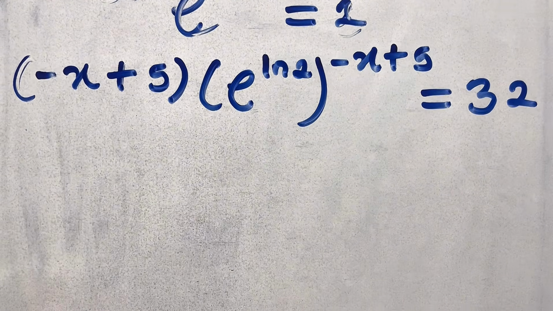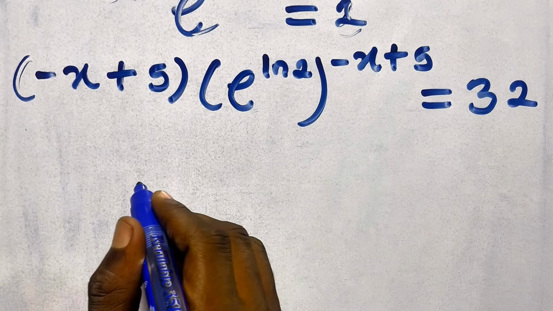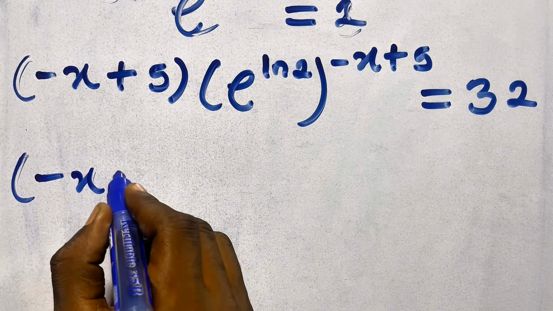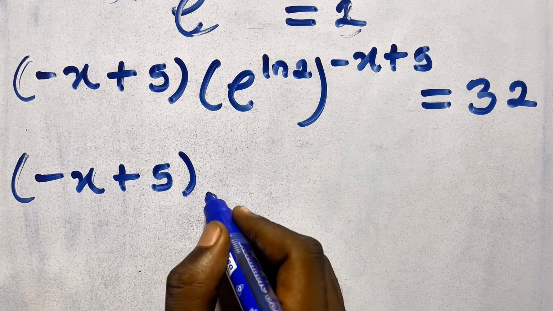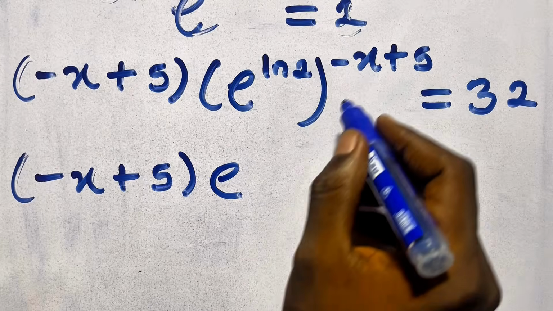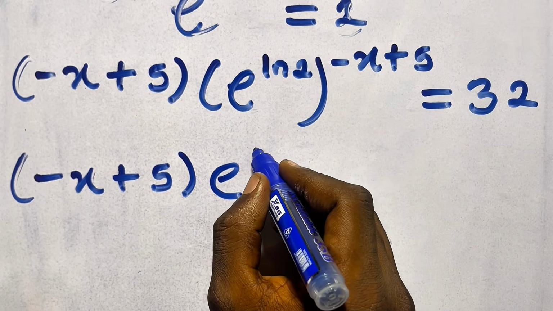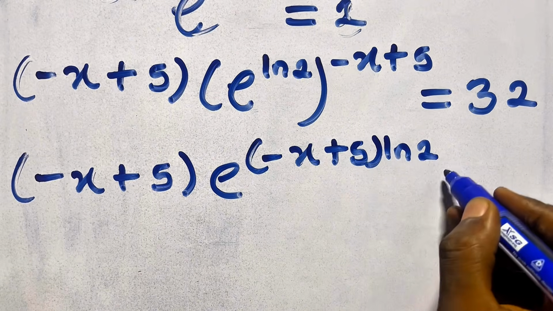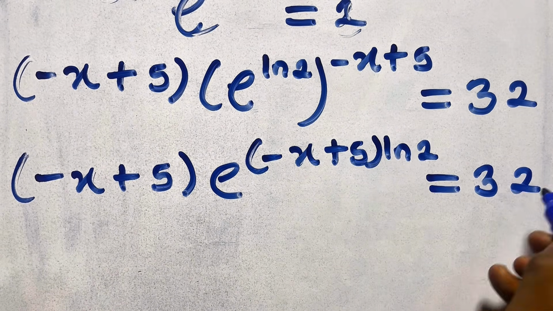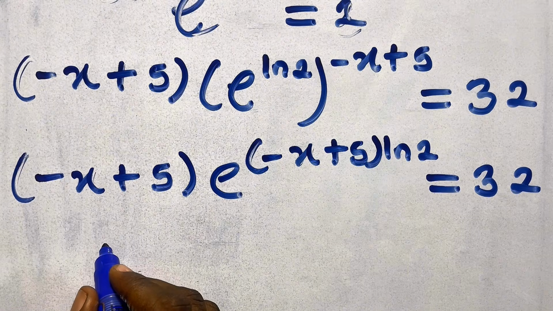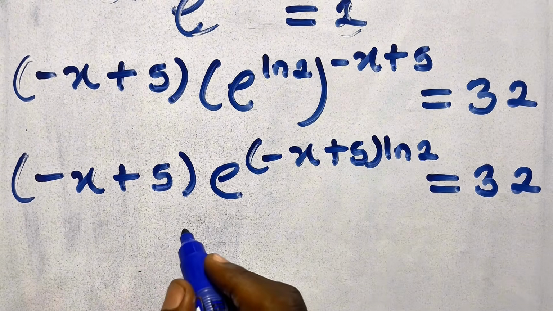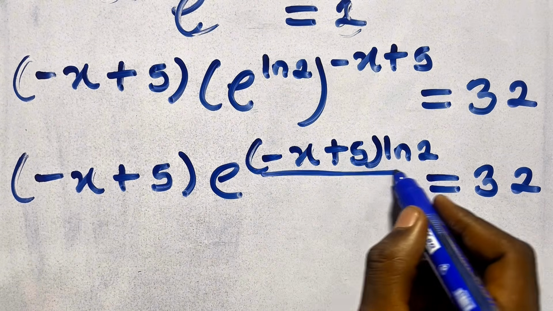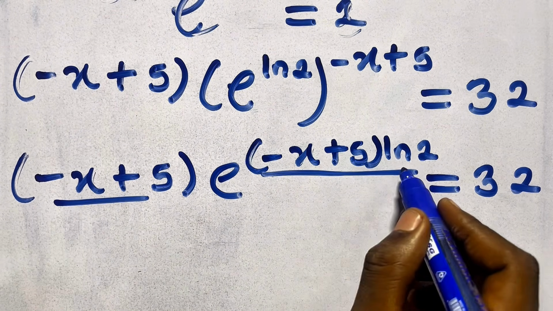So now let's rewrite this to be minus x plus 5, then exponential of minus x plus 5 ln 2, equals 32. Here we have to multiply both sides by ln 2, because I told you earlier that the base and the power must be the same.